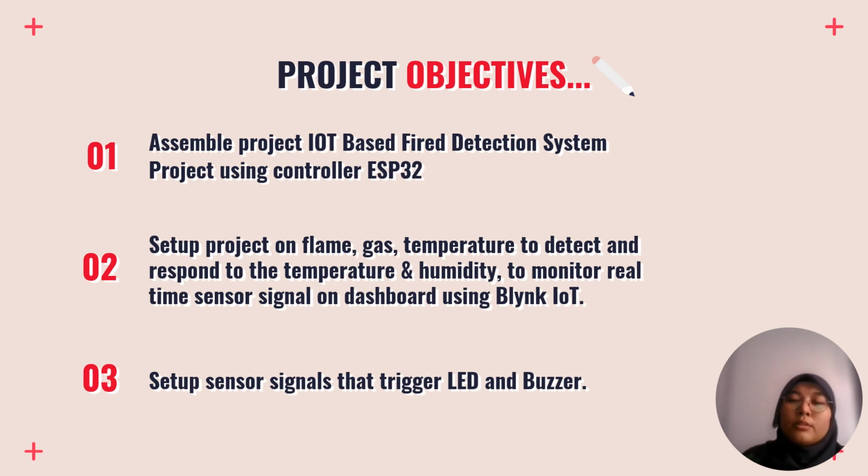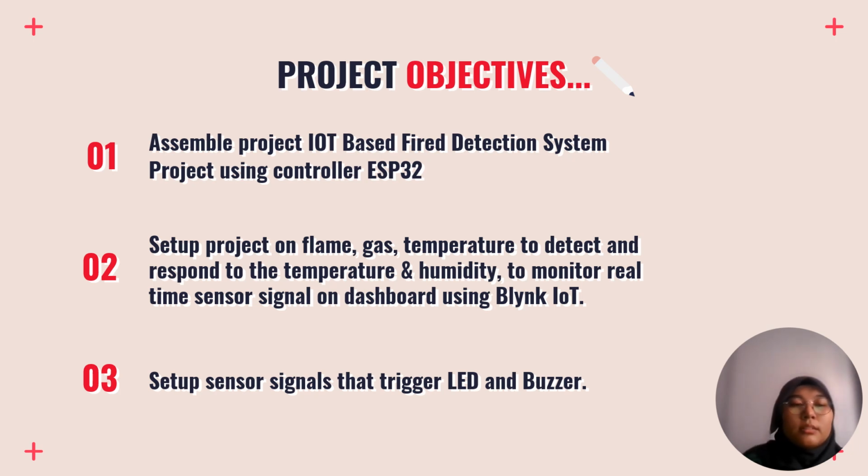We will use this information to respond in real time and monitor the sensor signals on a dashboard called Blynk IoT. This will allow us to have a clear and comprehensive view of the system performance and any potential threats.